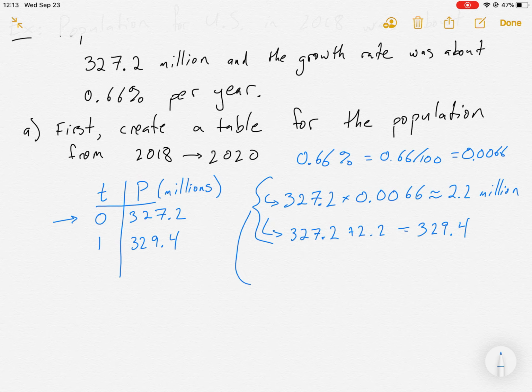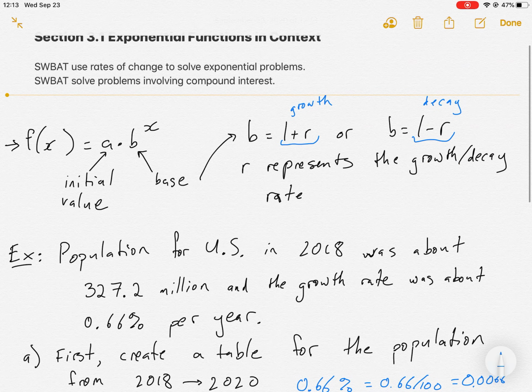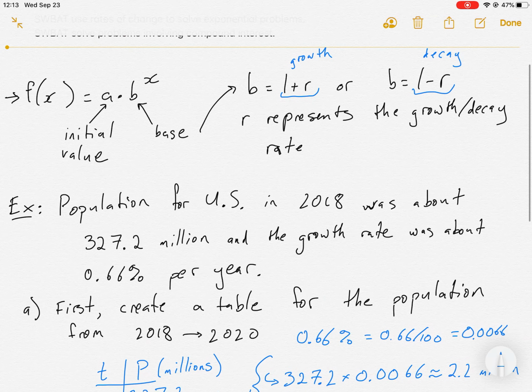Now, this is fine. You can multiply and then add, but a shortcut to that is to do it all in one go and multiply by 1 plus 0.0066. And this is hopefully going to look familiar to what I'd mentioned up here with the growth rate. The base of our exponent is going to be 1 plus r.